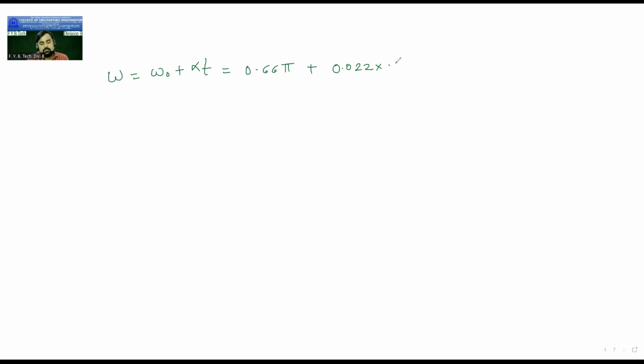What is the time? 70 seconds. If you solve this, you will get the answer. Let me know what is the value. It is 6.92.